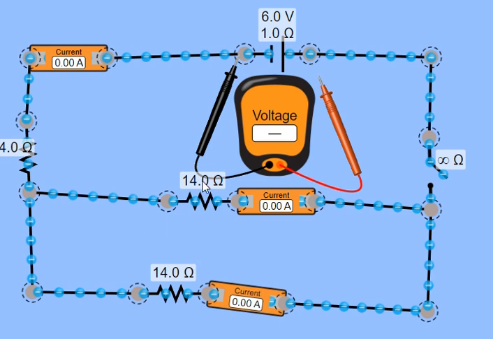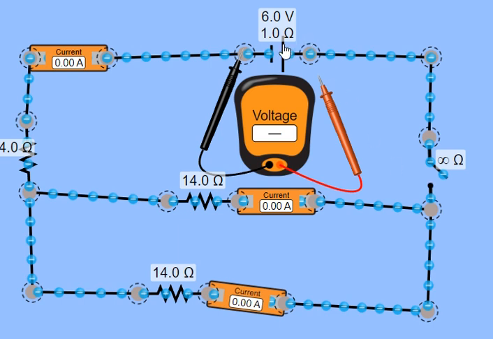Okay, let's see. If I connect the voltmeter, you can see my voltmeter here. It measures the potential difference across this battery. And I want you to take note that the switch is open. So it means that this battery is not supplying current to an external circuit.